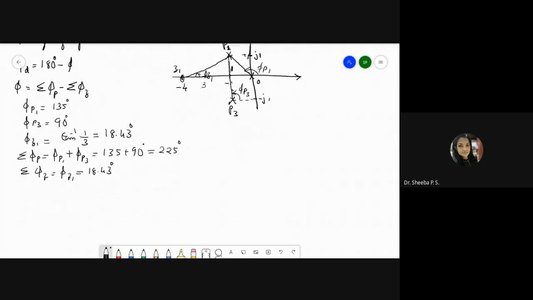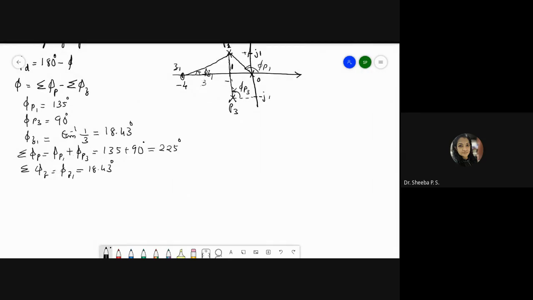Now we have sigma phi p and sigma phi z. Phi is nothing but sigma phi p minus sigma phi z, so it is 225 minus 18.43 degrees, which is 206.56 degrees.